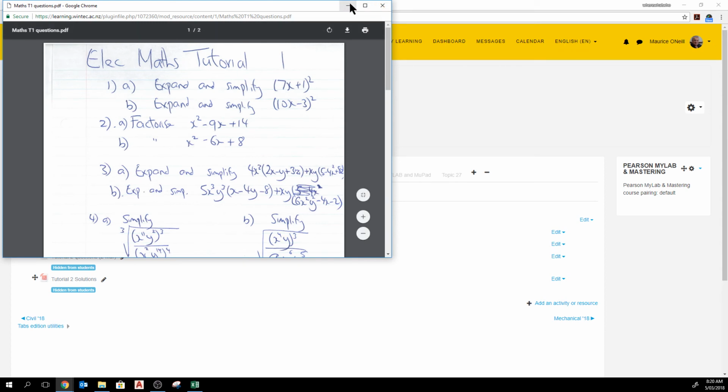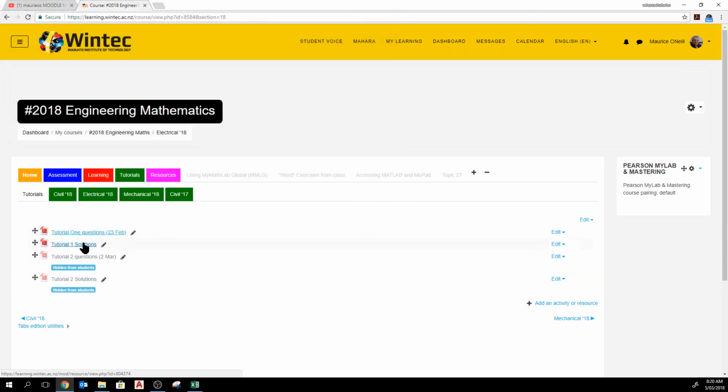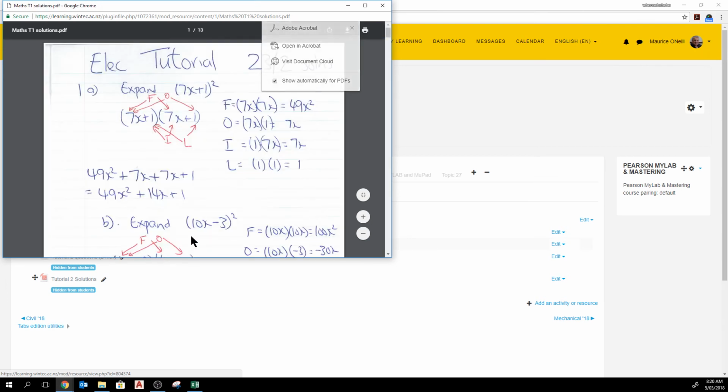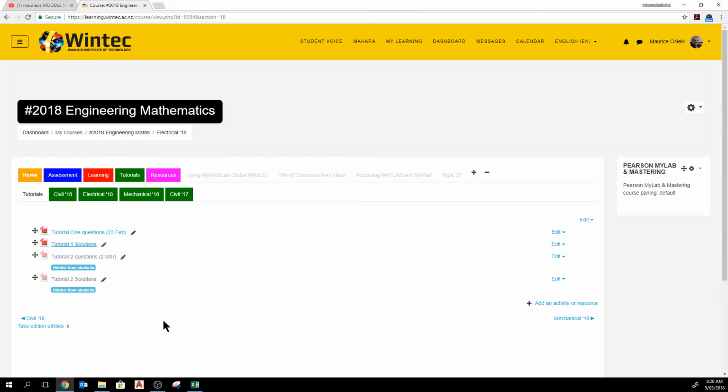More importantly, once you've had a go at them yourself, you could then start looking at the solutions he's put up, and that too could be a big help. Another way of looking at more examples, more questions, more solutions. I think they're the only updates in Moodle at this point that we need to be aware of.